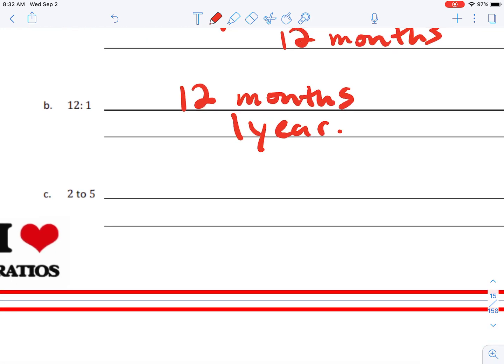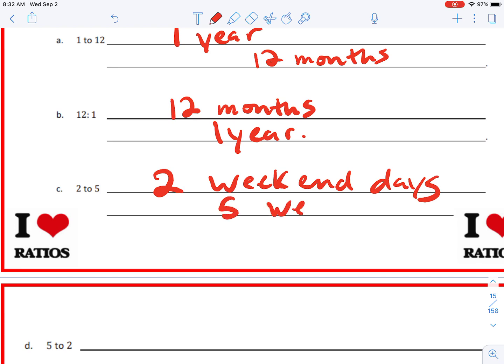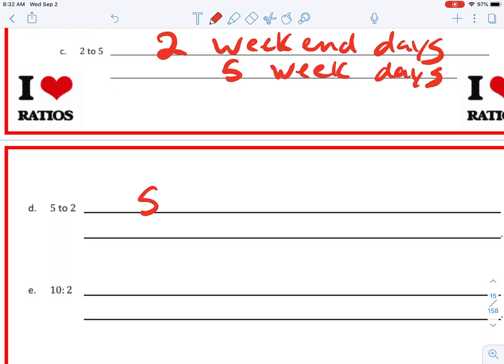Okay, 2 to 5, like we talked about earlier, 2 weekend days for every 5 weekdays. And 5 to 2 is just 5 weekdays to 2 weekend days.